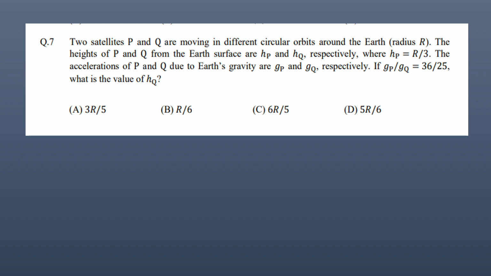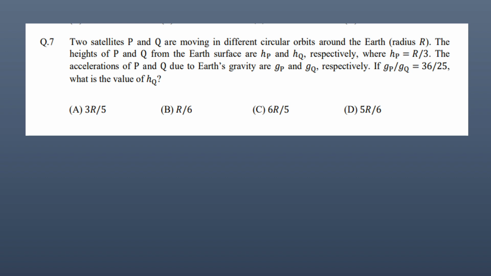The accelerations of P and Q due to Earth's gravity are gp and gq respectively, and we are also given the ratio of gp by gq, which is equal to 36 by 25. We are supposed to find the value of hq, which is the height of satellite Q from the surface of the Earth.